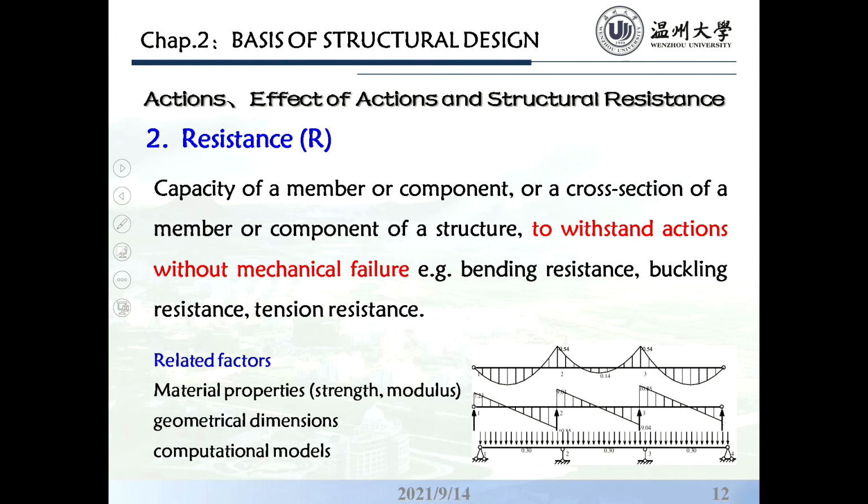Here the relative factors are material, geometric dimension, and computational mode. In reality, before, we used hand calculation, so the computational mode would be rough.